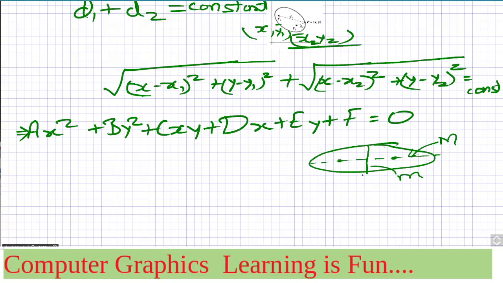Now what can we do to find out the coordinate values for the circumference? On the circumference, we want to find these pixel values. Whatever arbitrary orientation there is for this ellipse, we understand that there are two foci. So we need these two foci and any one point on the circumference.